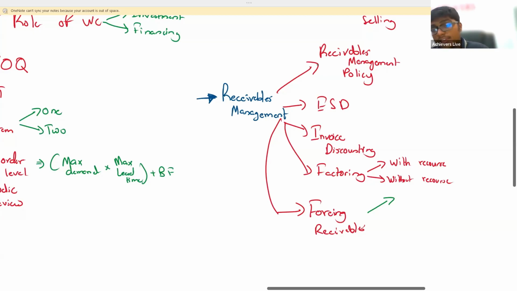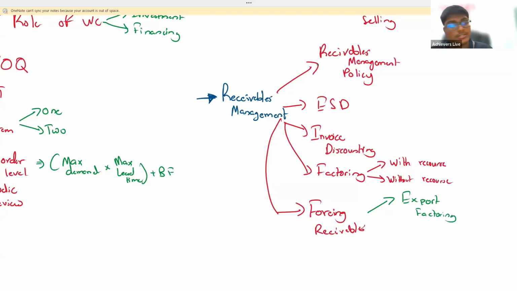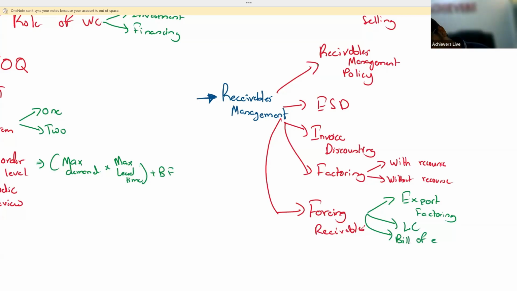First one is what? Export customers. Next, letter of credit, LC. Bill of exchange. Counter trade. Good.